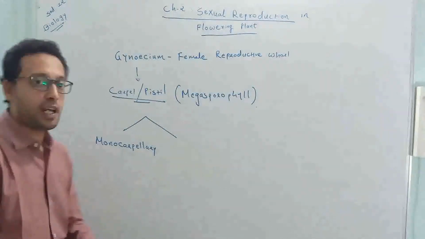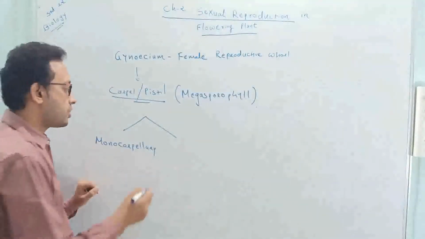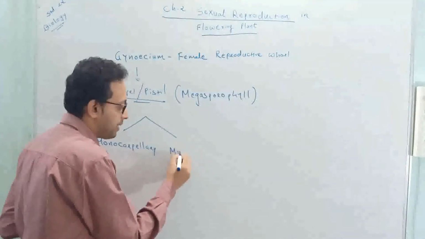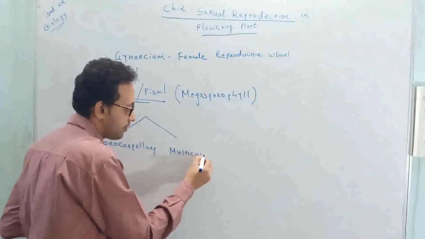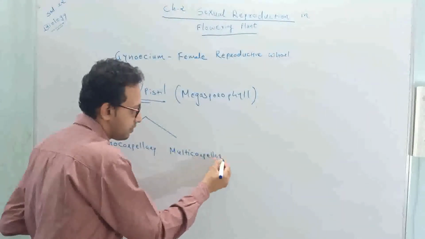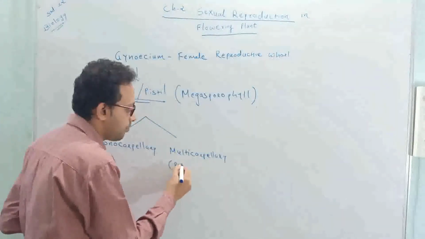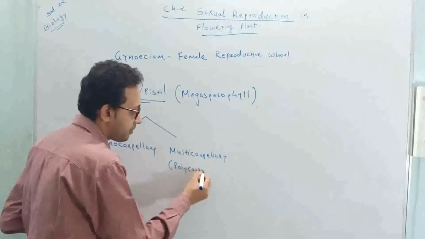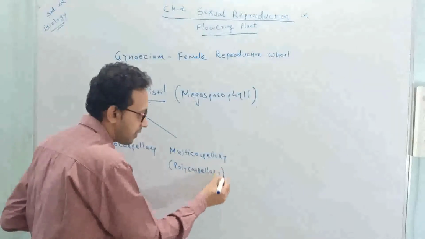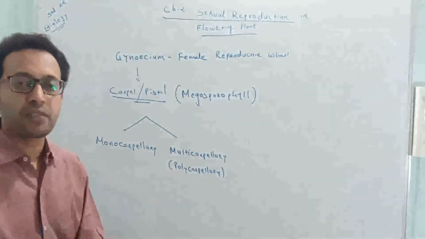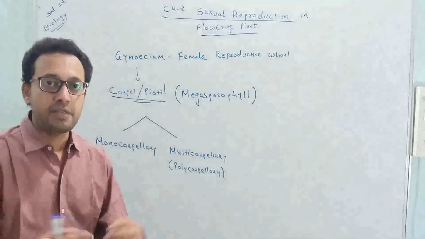If there are many carpels, then it's called as multicarpellary flower, or it can also be called as polycarpellary flower. Clear? So based on the number of carpels, the flower can be divided.